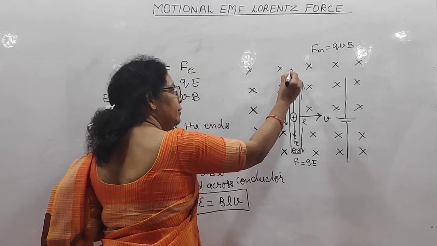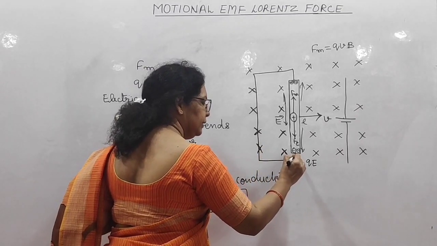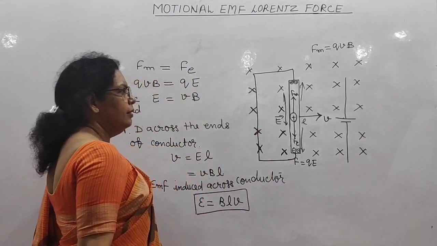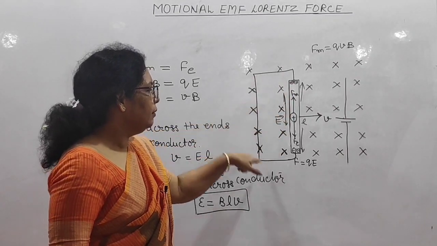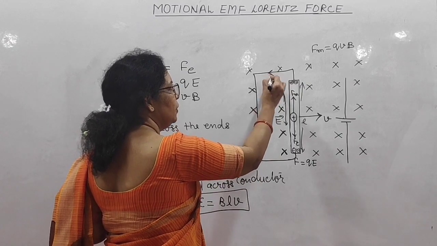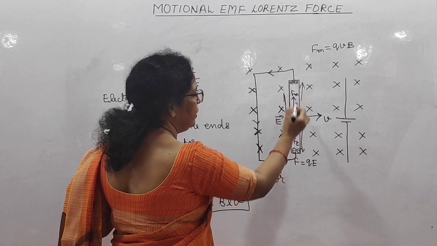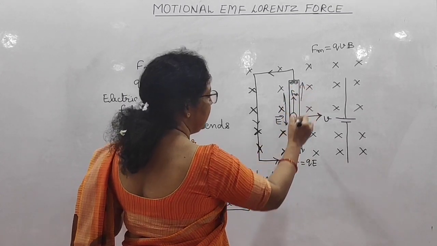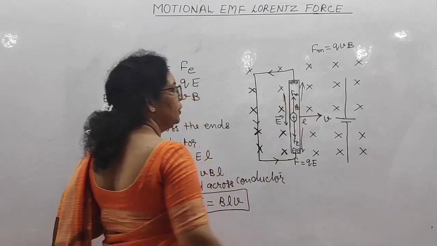If we connect it with a circuit, you can consider it just like a cell which provides current in the circuit. This end is positive, so the direction of current is positive to negative in the external circuit, and inside the rod it is negative to positive. This will be the direction of current.